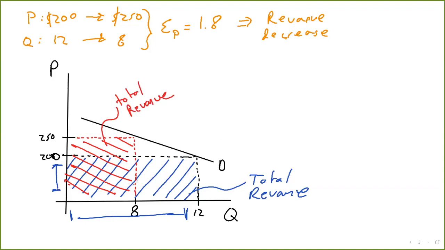And so we can see graphically that total revenue decreases because we can just look at the two areas that don't intersect. So this first one here, this is the lost revenue when the price increases, and we gain this box over here. And you can see just by looking at it that this second box is not as big as the one representing lost revenue.